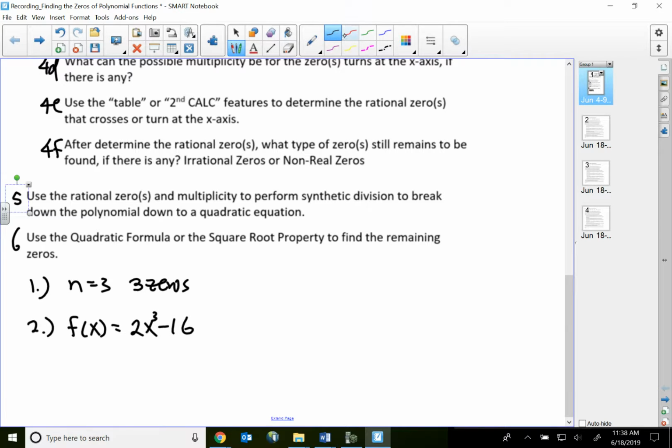If I do p over q, p has to be the factors of the constant term, and q is the factors of the leading coefficient. So what times what is 16? Well, 1 times 16, 2 times 8, and 4 times 4. Just write 1, 2, 4, 8, 16 over. Q is 1 times 2.